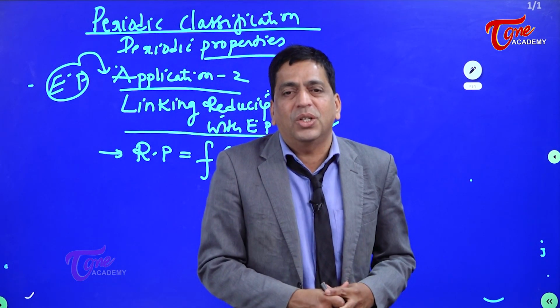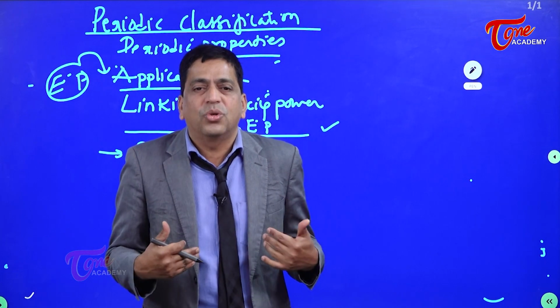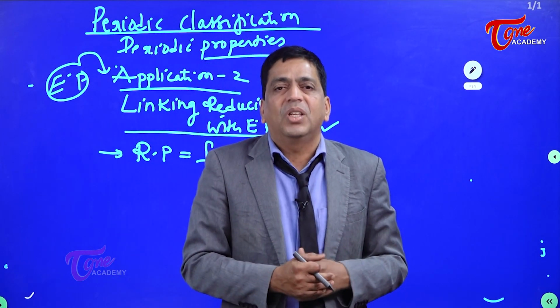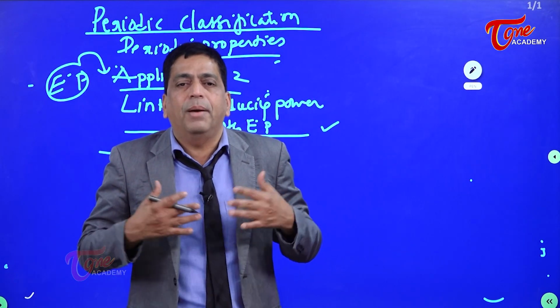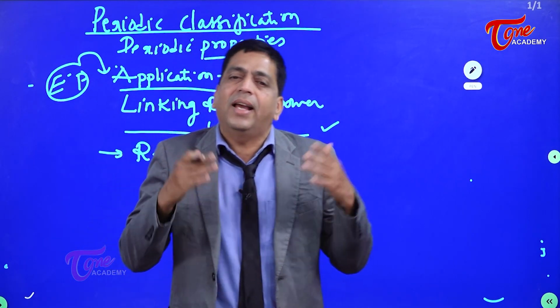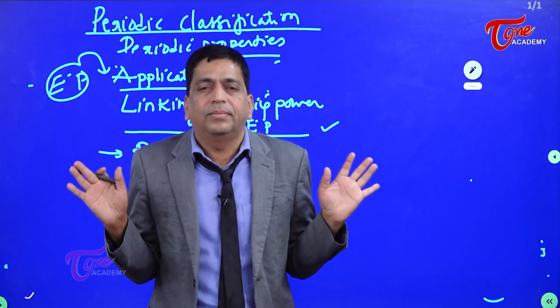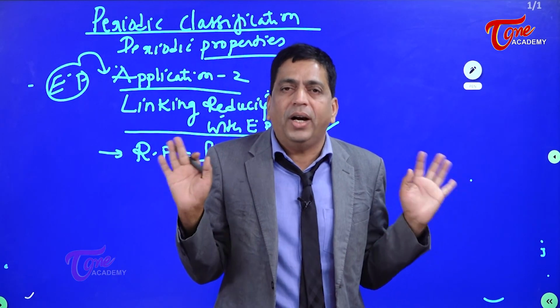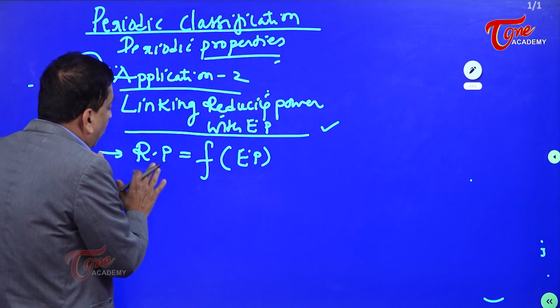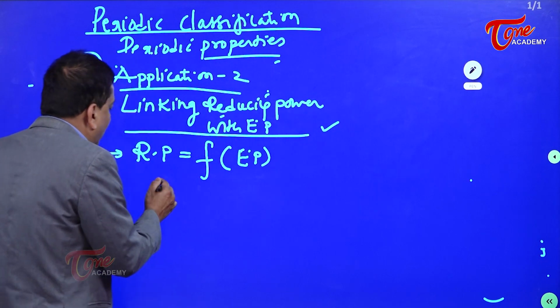In our earlier classes, we were told, if you add electrons, then you are reduced. If an atom adds electrons to itself, then the atom is reduced. Substance plus electrons is reduction.